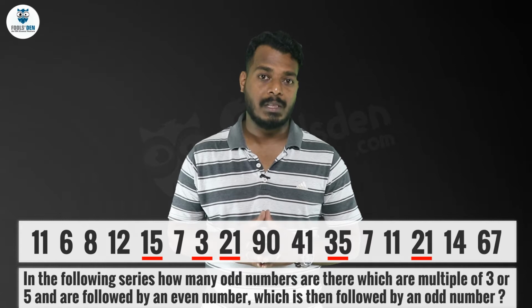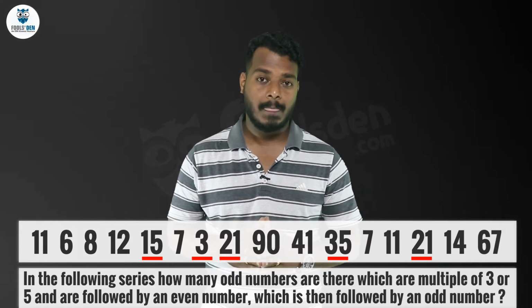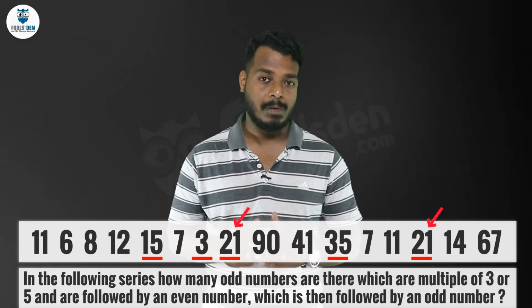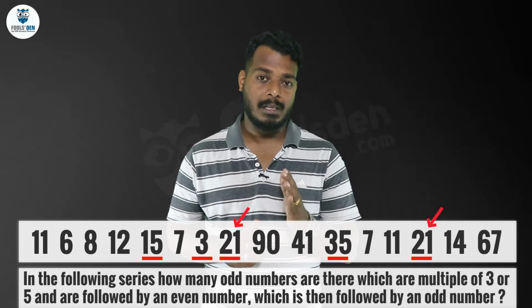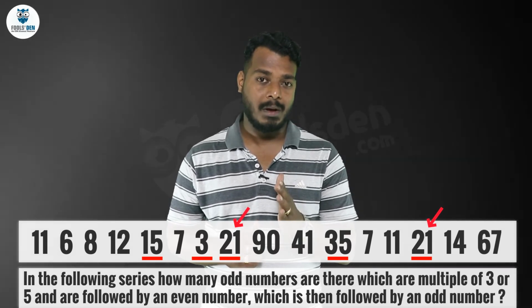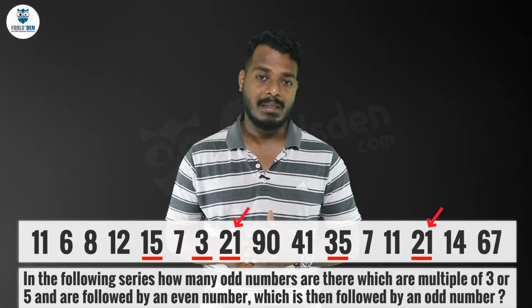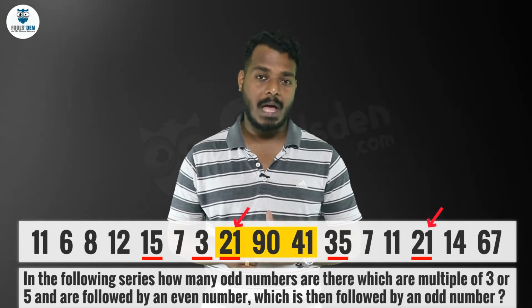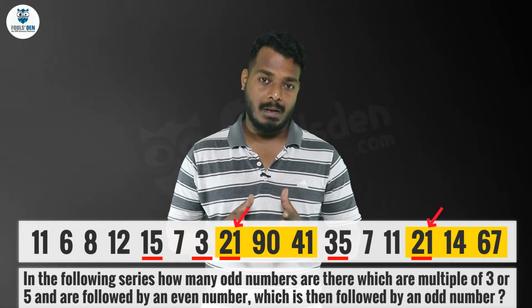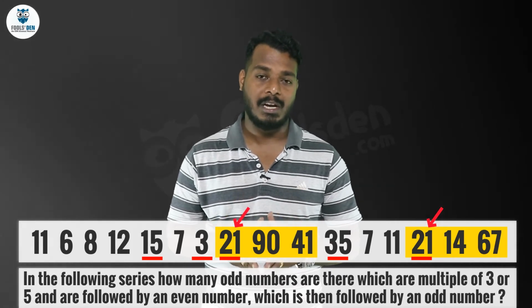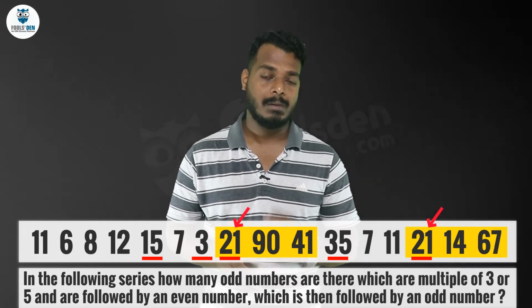Now look for the numbers from these which are followed by an even number. That happens at all these places. Now finally look for the places where this even number is followed by an odd number, and that happens here and here. So you get there are 2 such points where the condition is followed. So your answer would be 2.